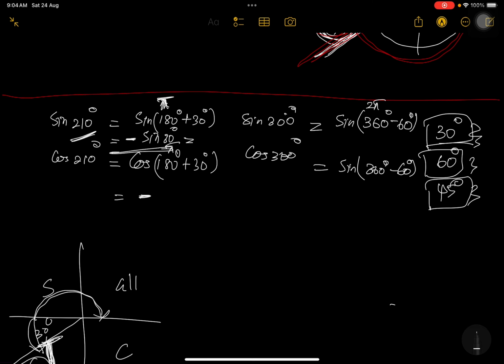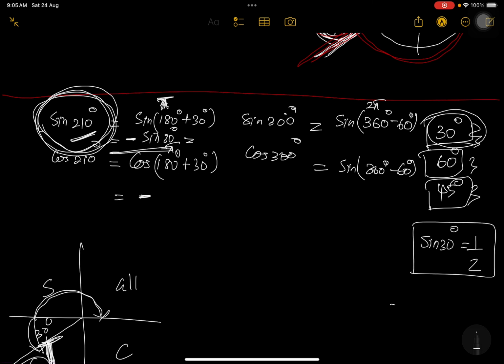See, minus sine 30. It is a very easy value to find out. We know sine 30 degrees is half. We already proved it, we already put a chart on it and we already memorized it. So minus half. So sine 210 degree is minus half.